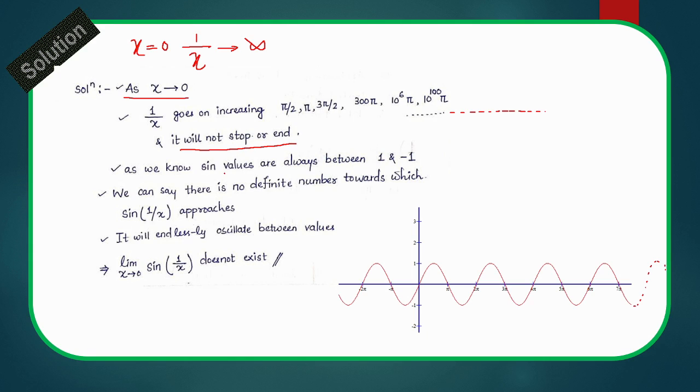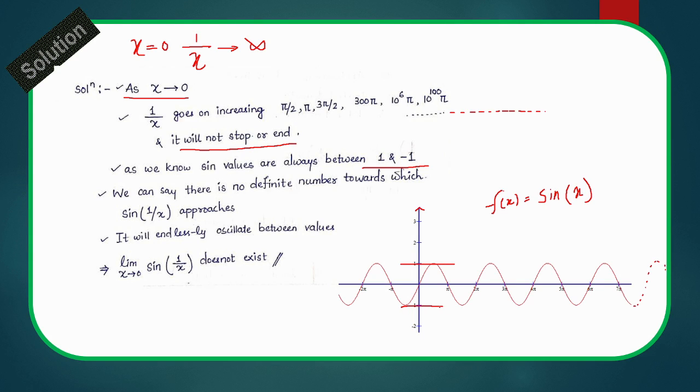As we know, sine values are always between 1 and minus 1. So this is the graph I have drawn for sin x, f of x equal to sin x. As you can see, the values are in between plus 1 and minus 1.